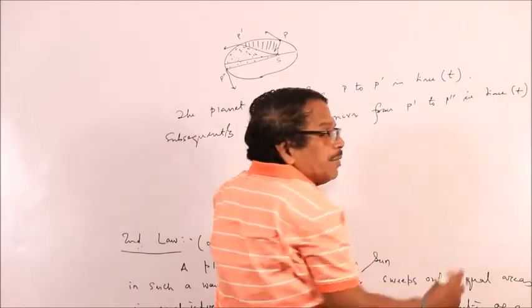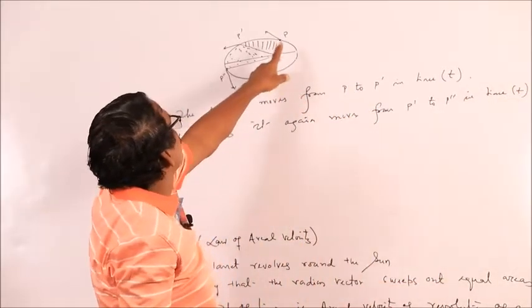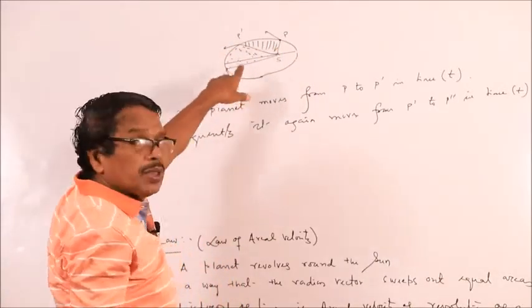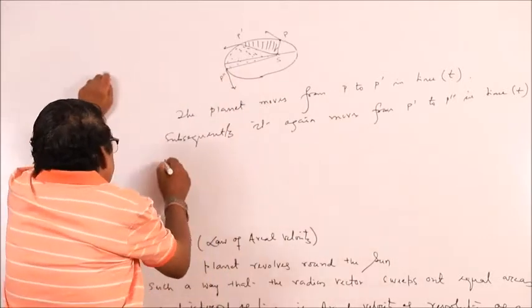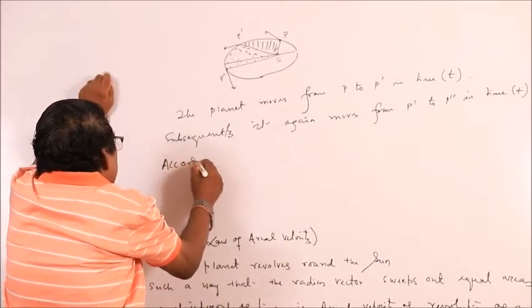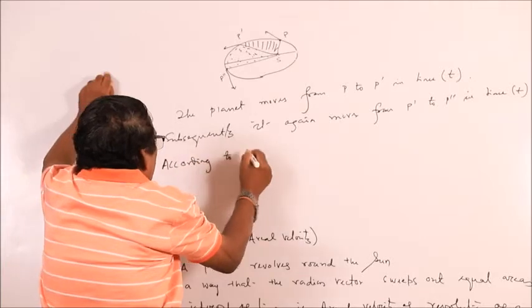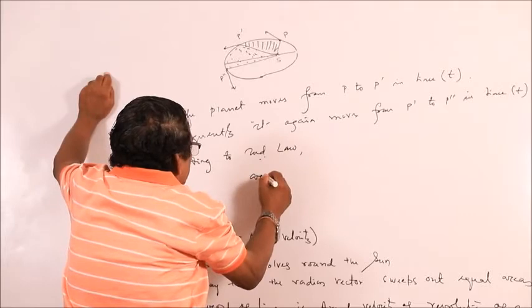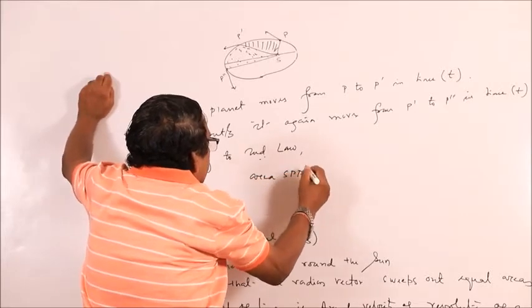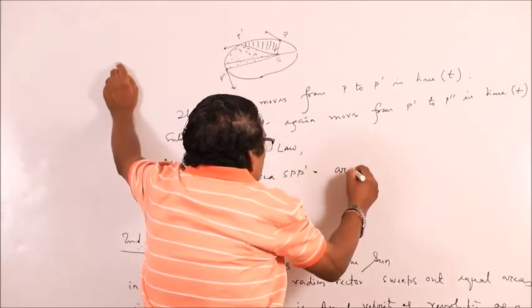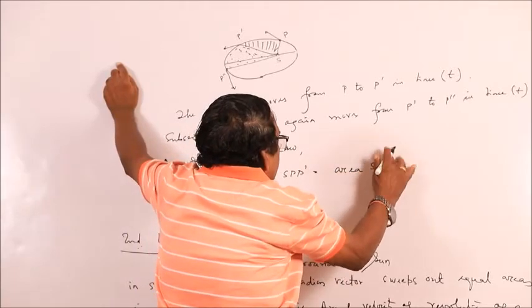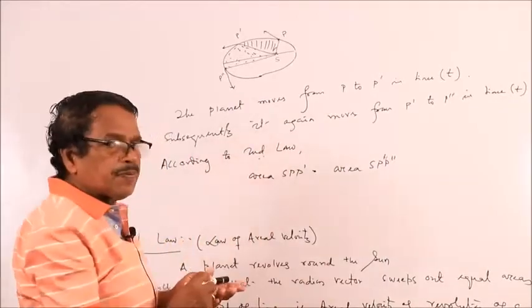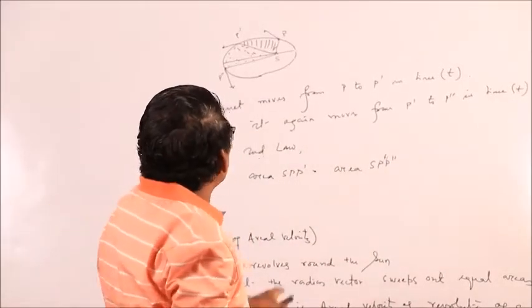So, the time interval remains the same. In time t it moves from P to P dash, again in time t subsequently it moves from P dash to P double dash. According to the second law, area SPP dash is equal to area SP dash P double dash.